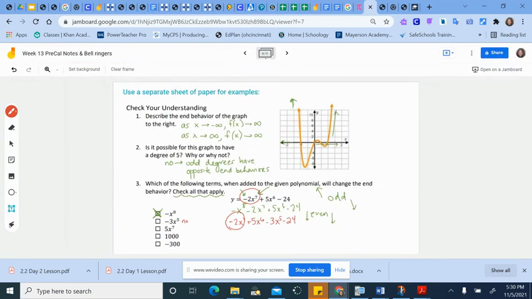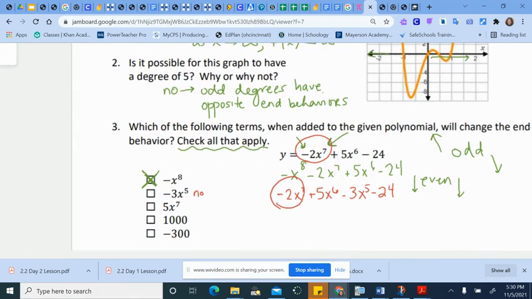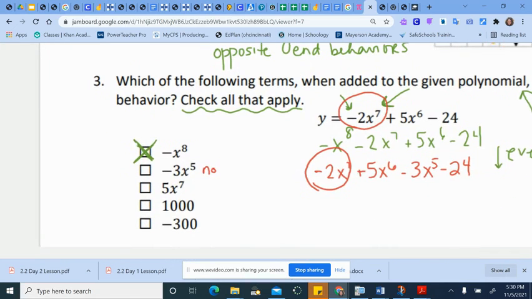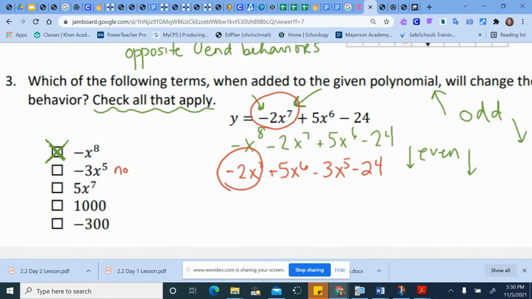All right, let's try another one. Which ones do you think will change the end behavior?